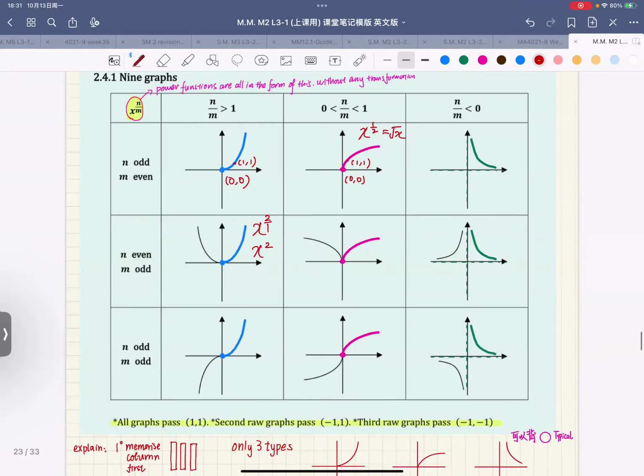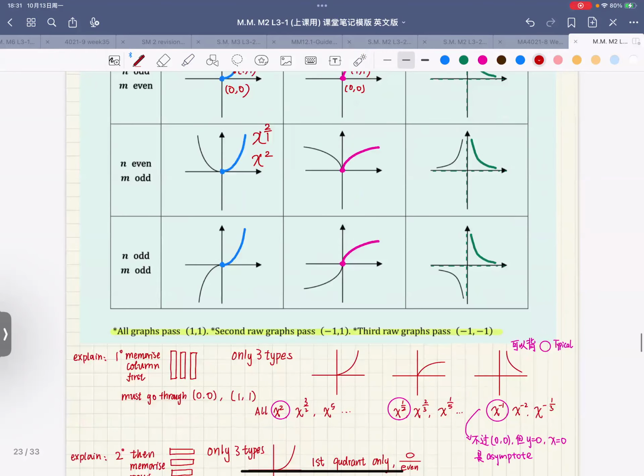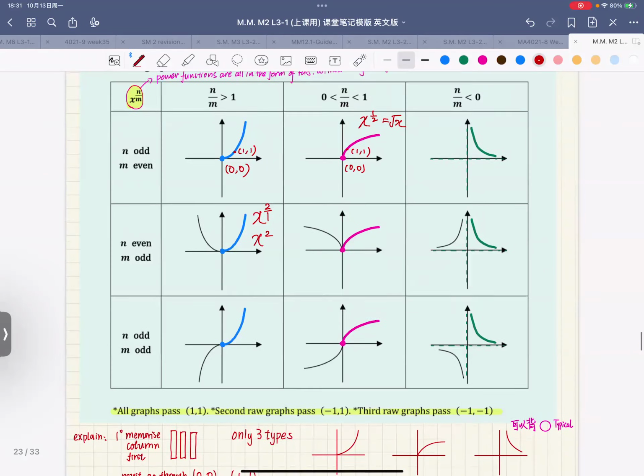I'll give you another example. Let's see the last row, first column. n is odd, m is an odd number, and n over m is more than 1. Let's say x to the power of 3 over 1, which is x to the power of 3. Basically, x to the power of 3 looks like that.